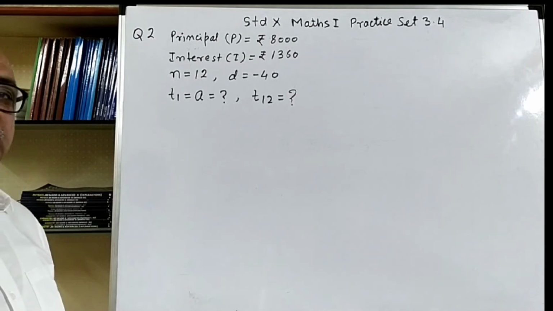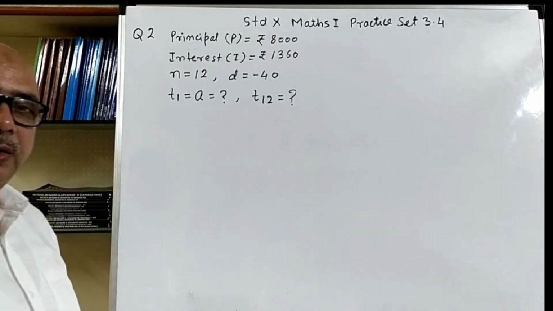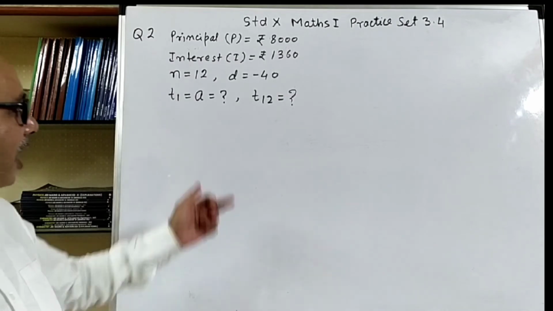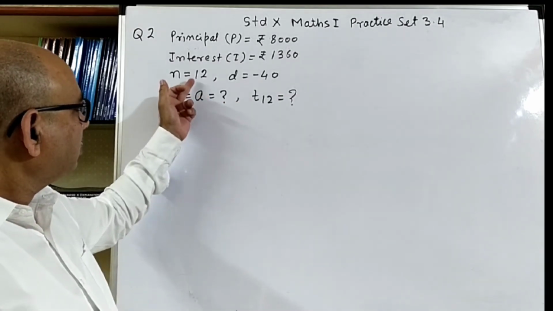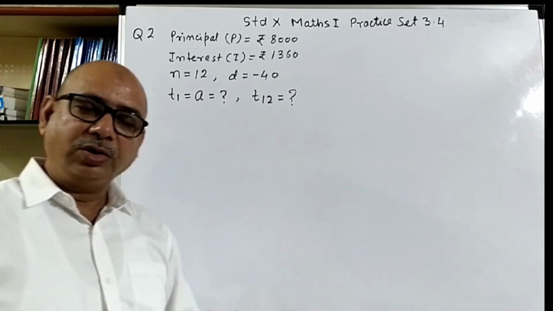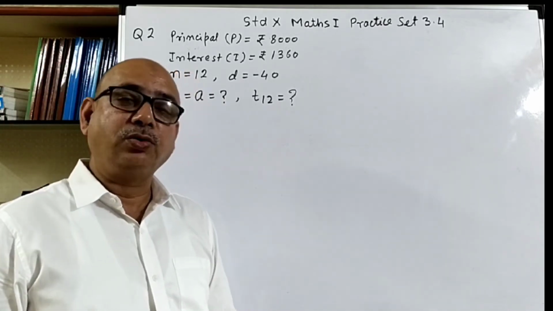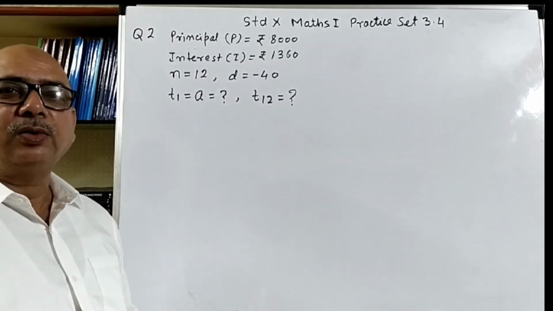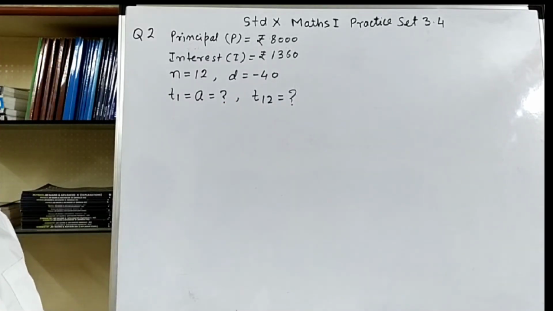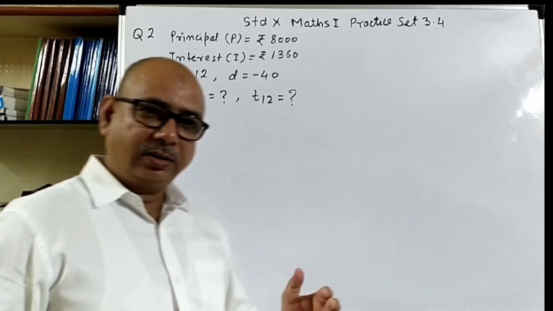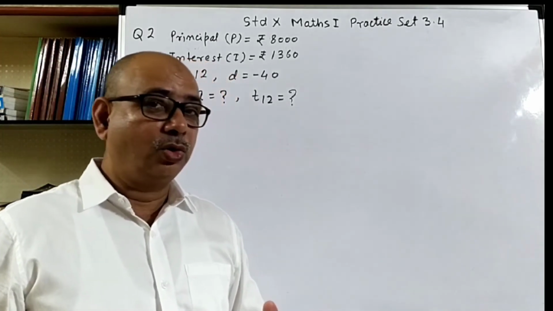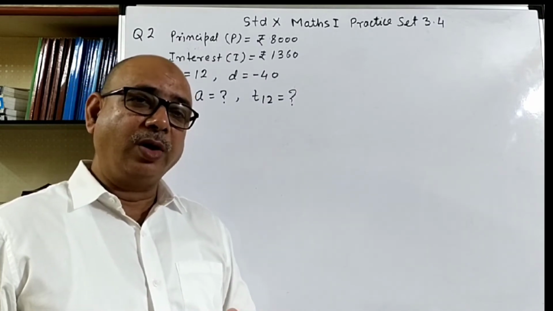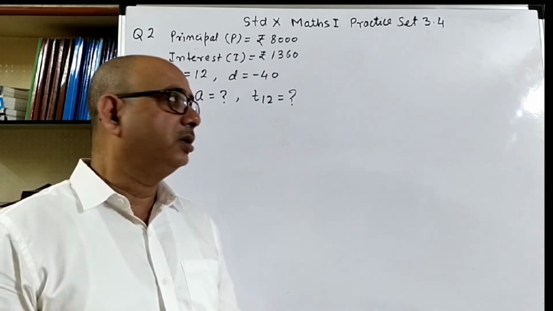Find the amount of the first and the last installment. The first installment is T1, which is equal to A, and the last installment, the number of terms being 12, is the value of the 12th term, T12. T1 and T12 we have to find out. The sum up to nth term is Sn is equal to n by 2 into 2a plus n minus 1 d. So first we have to find the total amount repaid.